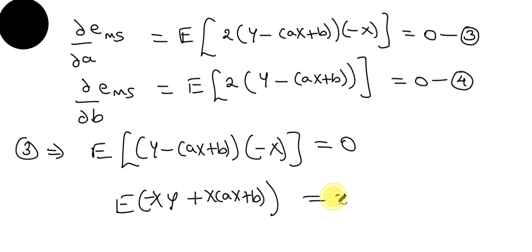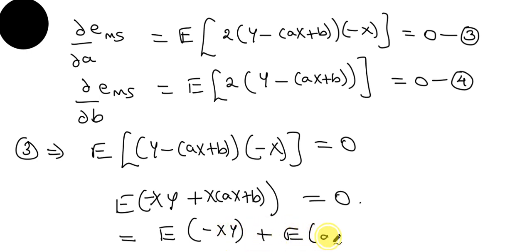Now let us equate this whole thing to 0. This will give me E of minus xy plus E of ax squared plus bx equal to 0. I have just expanded and used the linear property of expectation.